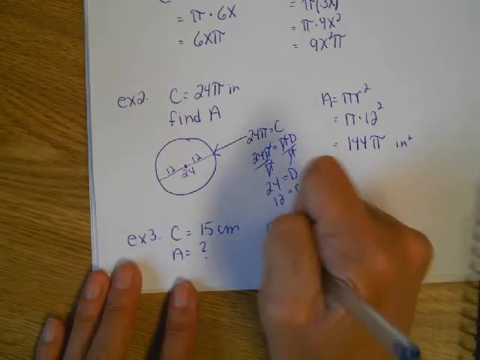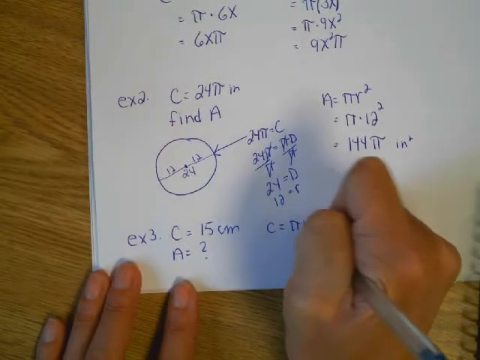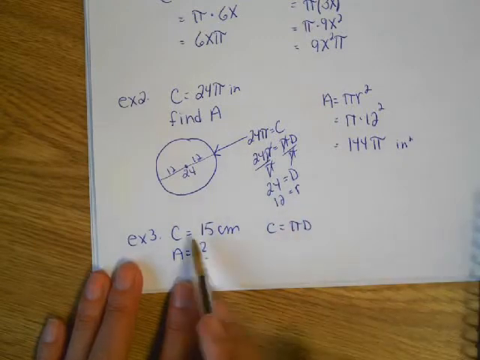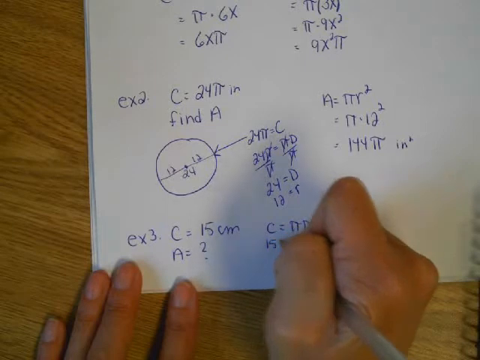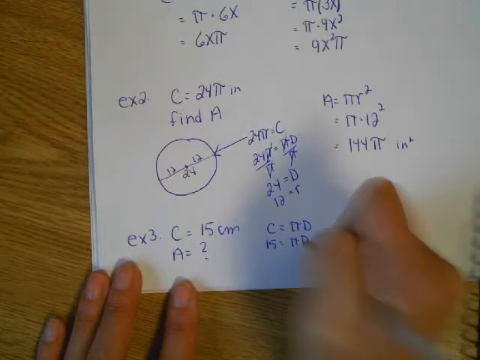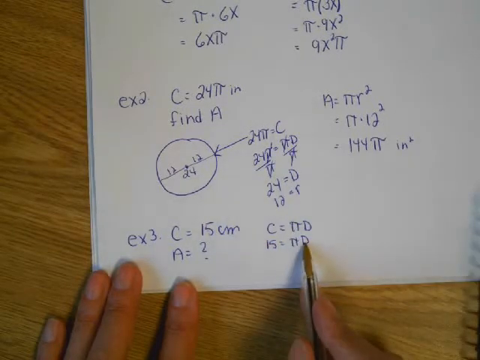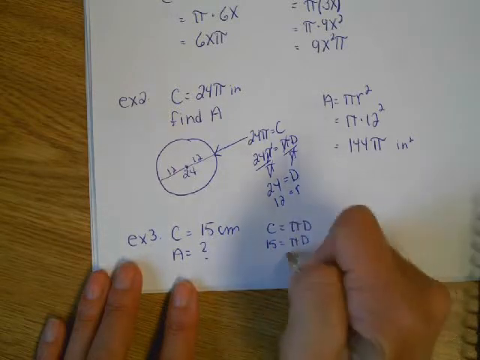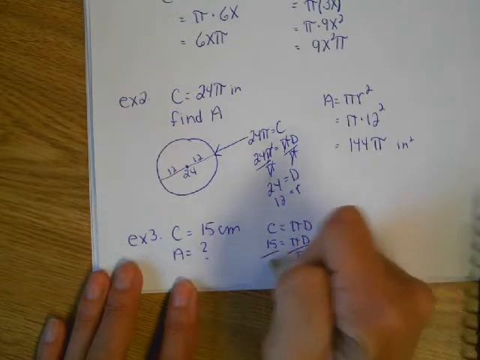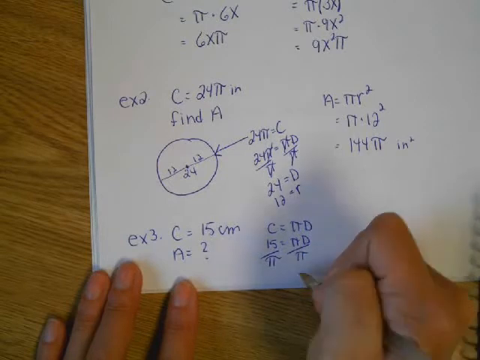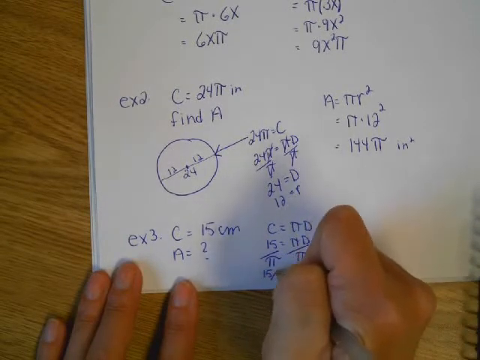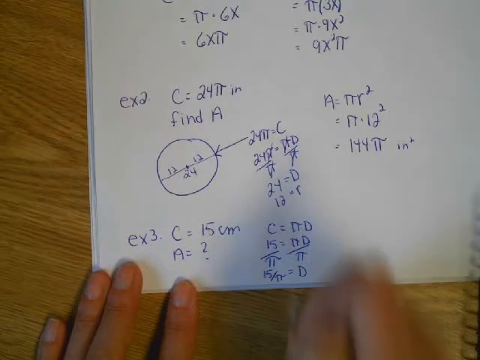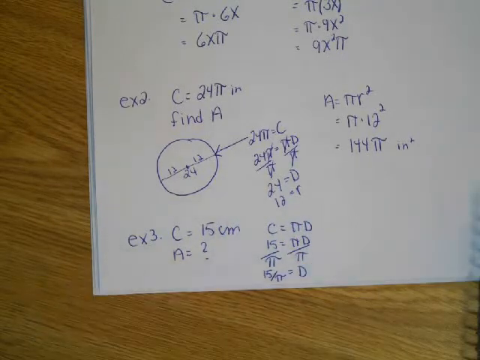So, I'm going to start with that formula, pi d. I'm going to substitute the 15 in for the circumference, because I know that's what it is. I'm going to solve for the diameter by dividing by pi. So the diameter is 15 divided by pi. Okay, I need the radius.